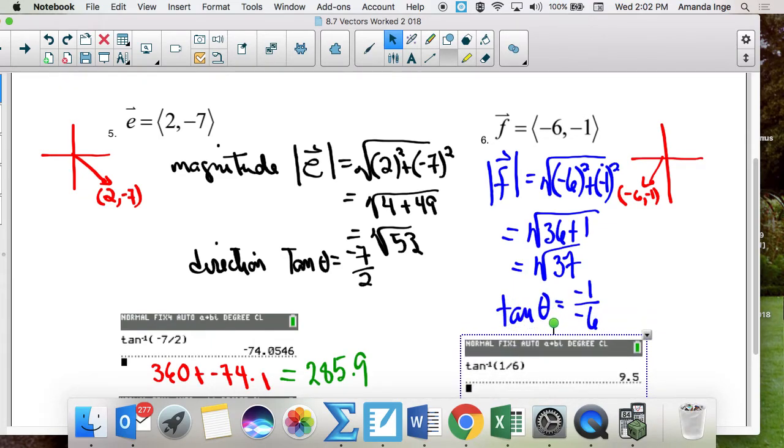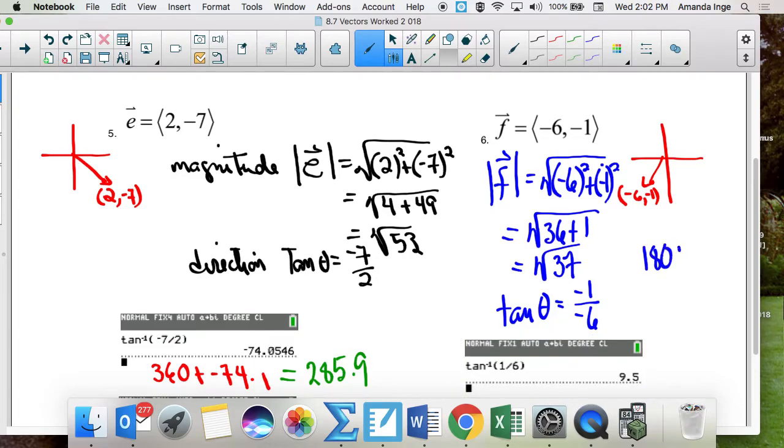But what quadrant are we in, y'all? The third one. The third quadrant. So we're going to add 180 plus 9.5 to get 189.5 degrees. So that would be 189.5 degrees. Everybody understand that?